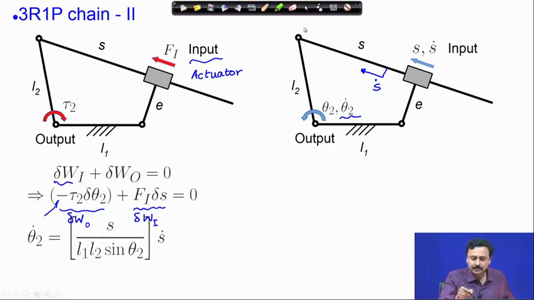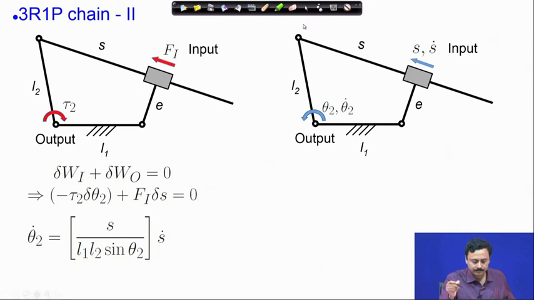Now, we have the velocity relations which we have derived earlier, and from here follow the virtual displacement relations. Delta theta 2 is Jacobian times delta S. So, here we have the Jacobian.